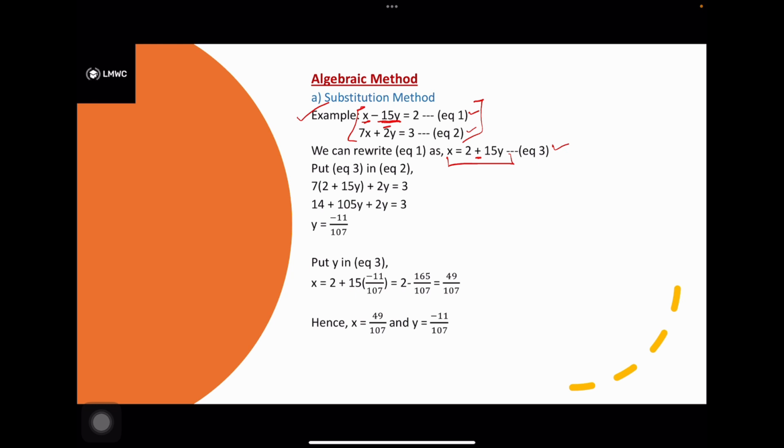This equation number 3, I am going to put into equation number 2. So here we are substituting the value of x as 2 plus 15y.